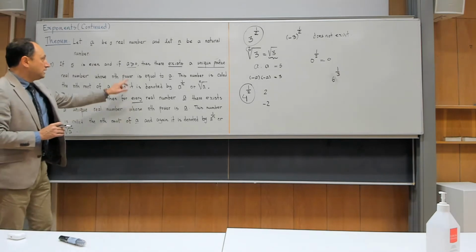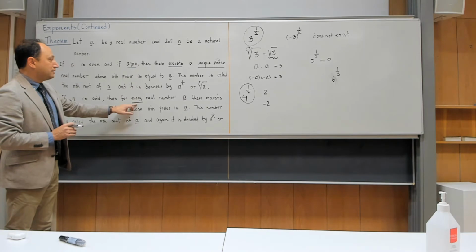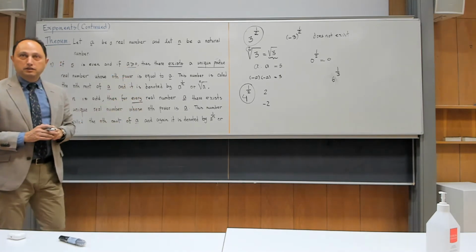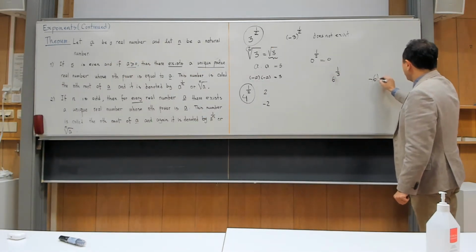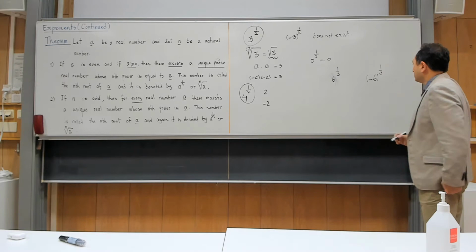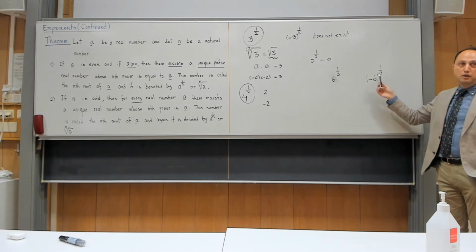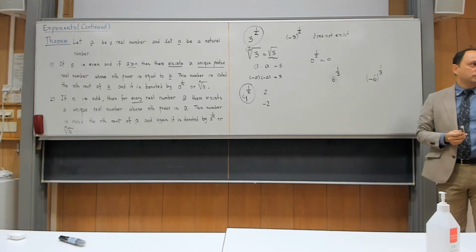Here you see, here I have emphasized A should be non-negative, but here I haven't put any restrictions on A. I have written for every real number. Okay, for example, is this strange to have this or not? Here, no. Why? Because I am asking you, give me a number so that when I multiply it by itself 3 times, it becomes -6.